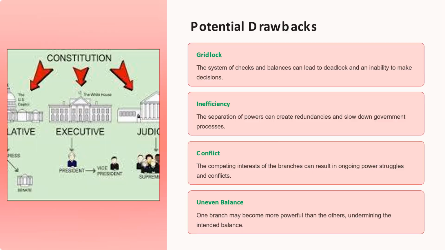While the separation of powers has several benefits, it also has potential drawbacks: gridlock, inefficiency, conflict, uneven balance. The system of checks and balances can lead to deadlock and inability to make decisions.